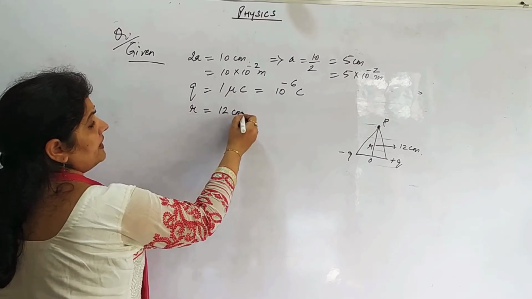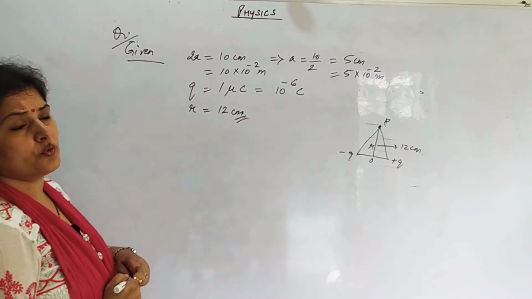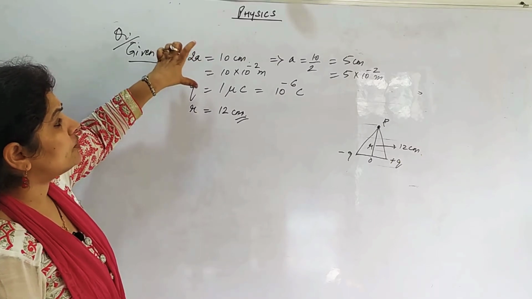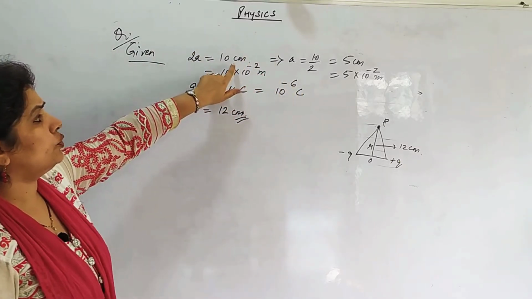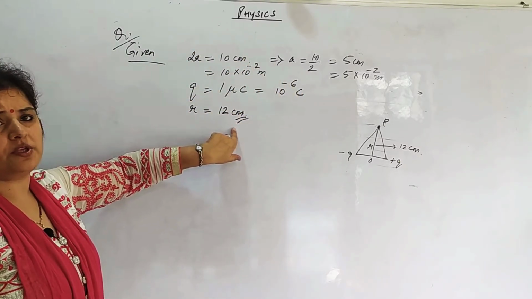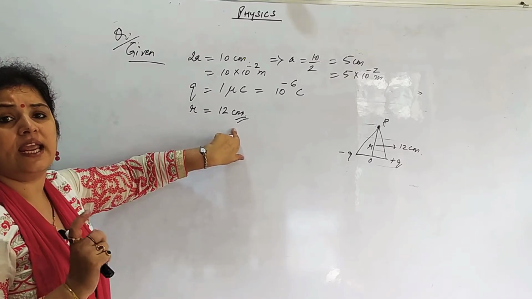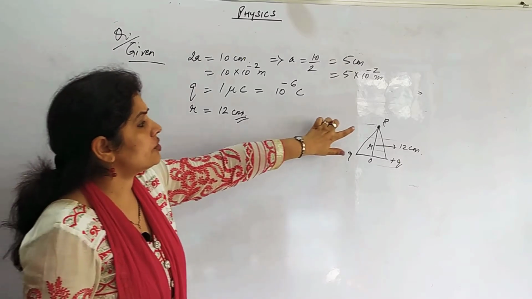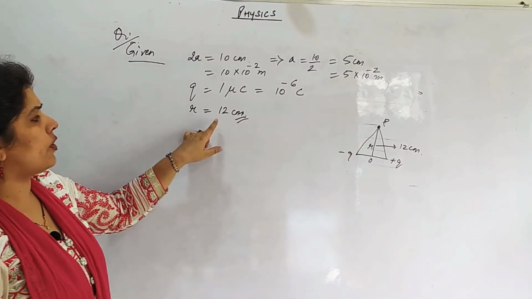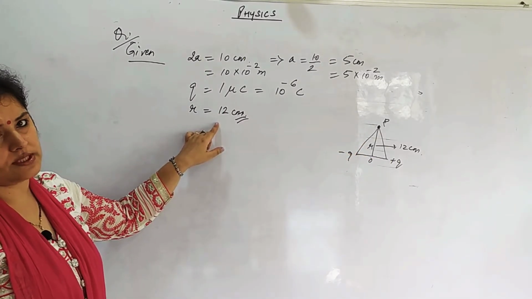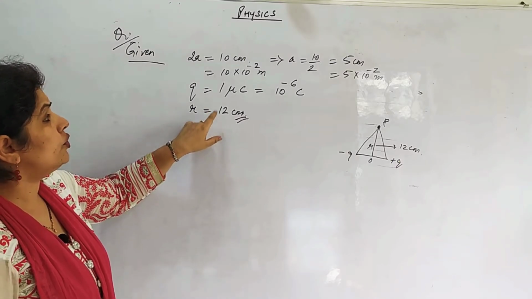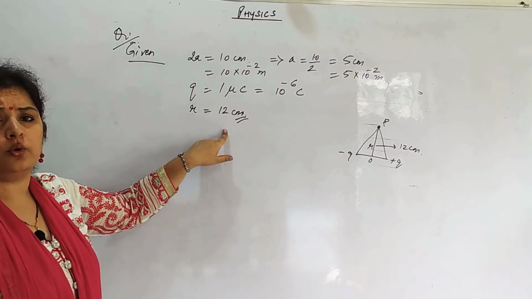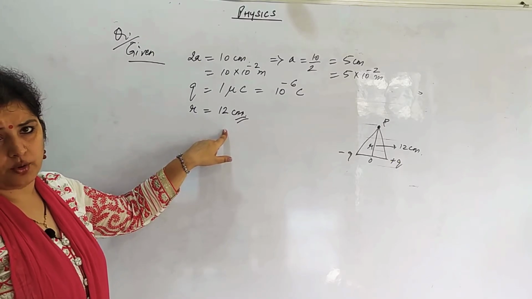Children, you have to be very, very careful, as in these types of questions, the length of dipole is also given. It could be in centimeter, it could also be in centimeter. So you have to identify which one is a or 2a and which one is r. So the distance of this equatorial point from the center of dipole is 12 centimeter. Can we ignore 10 centimeter with respect to 12? No, we cannot ignore.